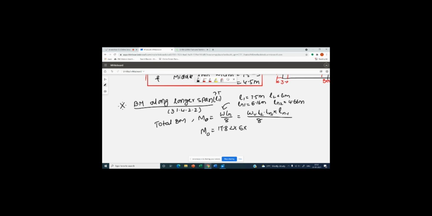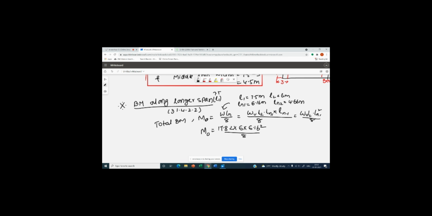Substitute those values here: W L2 Ln1 square by 8, so this becomes 17.82 into 6 into 6.16 whole square by 8.